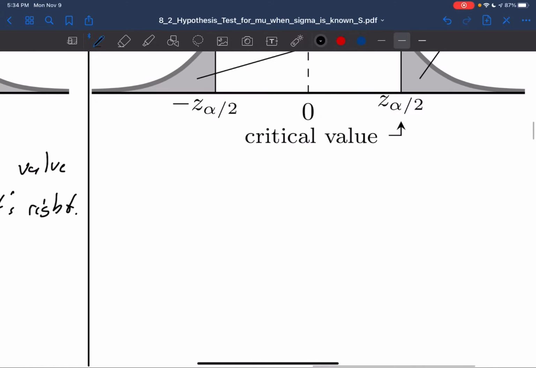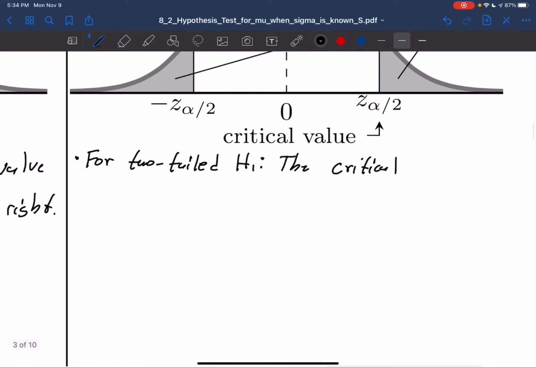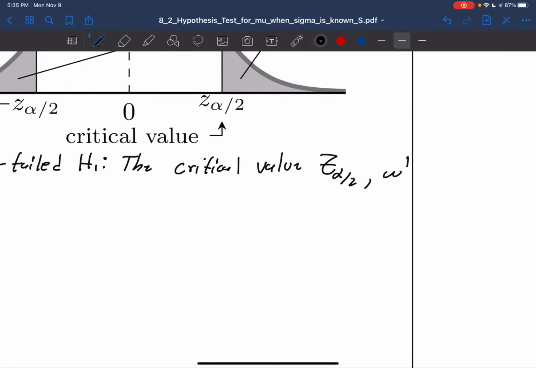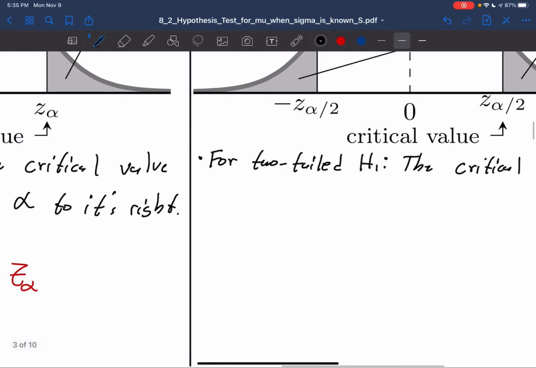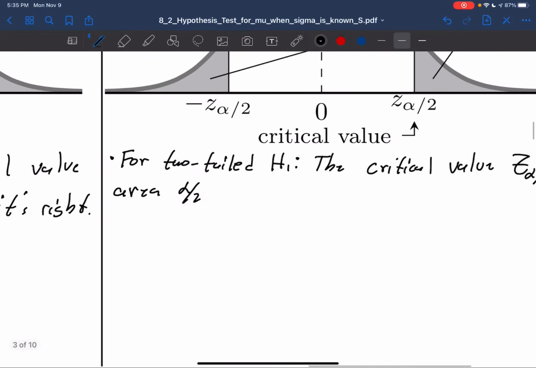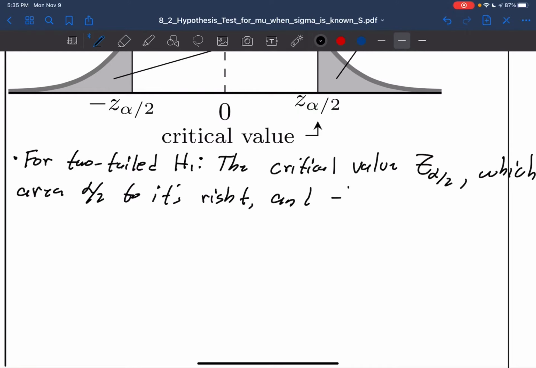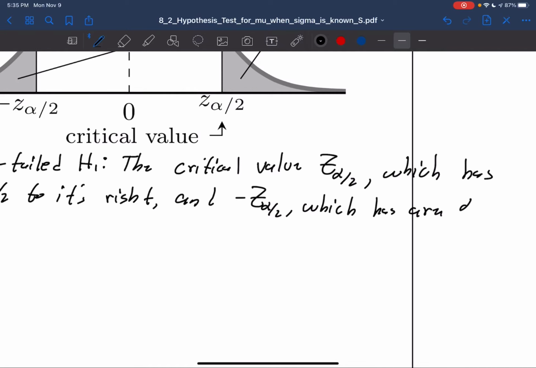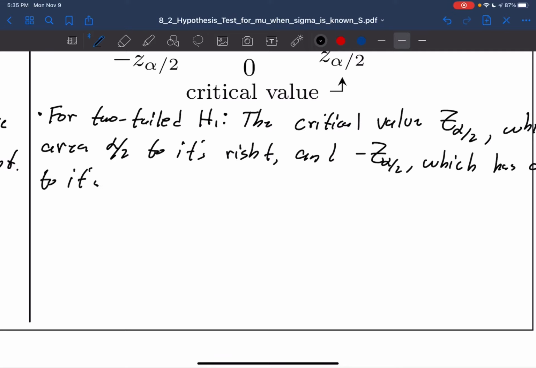So let me just write a couple things down. For two-tailed, the critical value z of alpha over 2, which has area alpha over 2 to its right, and negative z of alpha over 2, which has area alpha over 2 to its left.